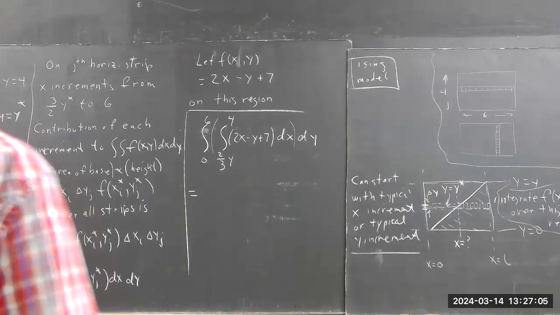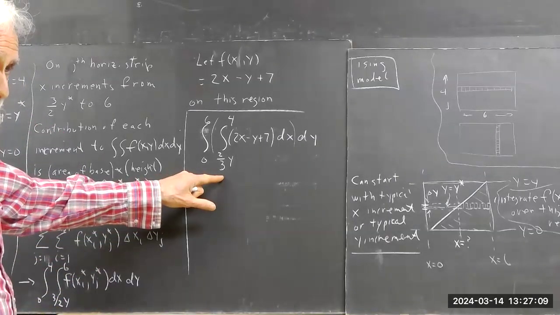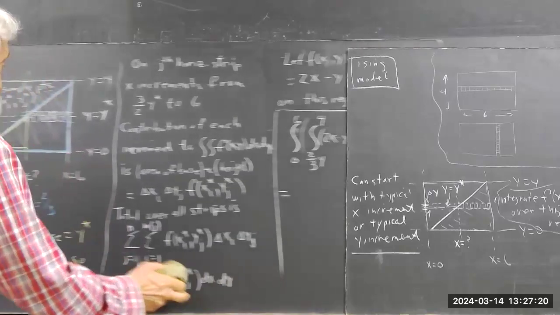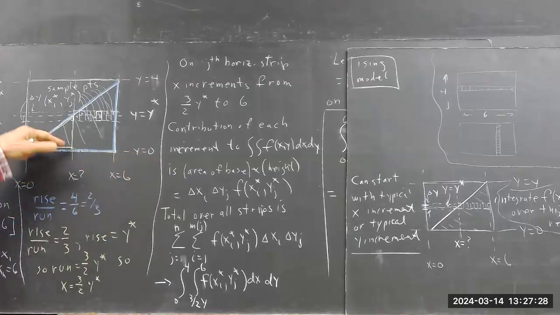Somebody wanted to dispute the 2/3 here, especially since I used 3/2 here and I got 3/2 over here. The 3/2 came from the geometry for this region, where the x extent was basically greater than the y extent.